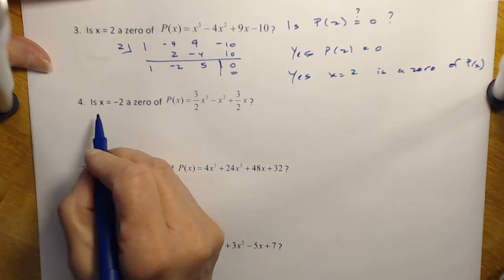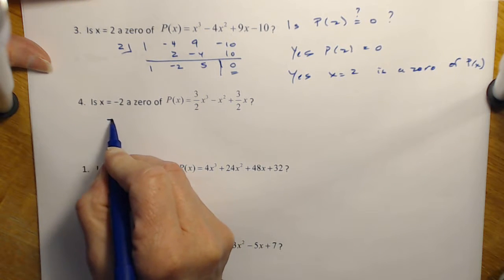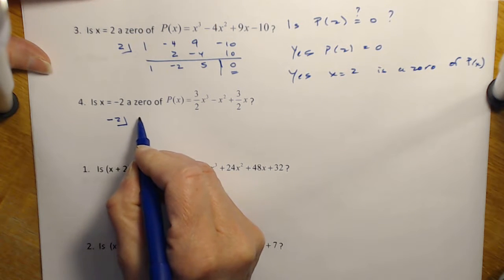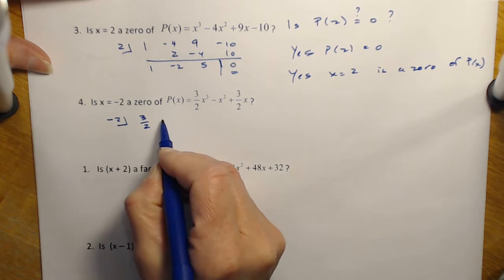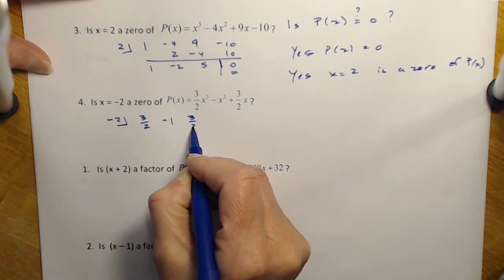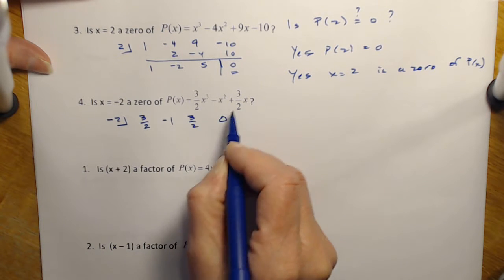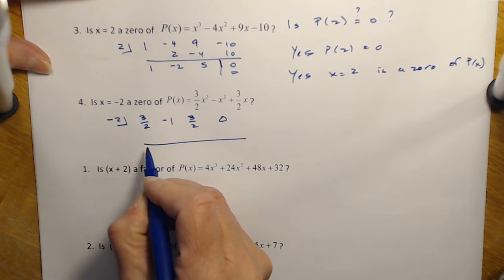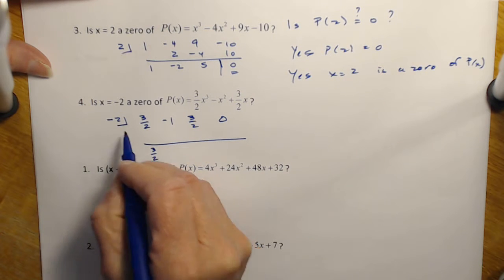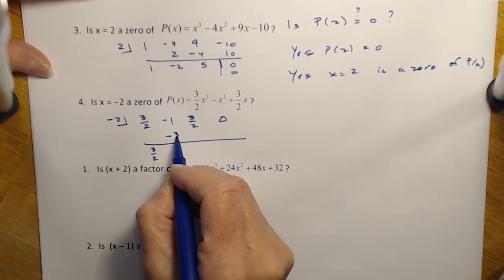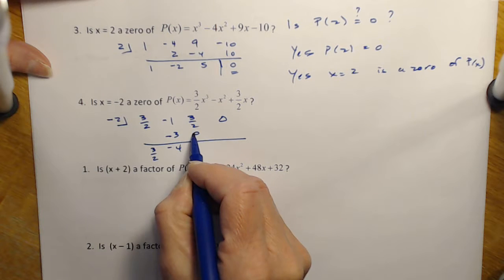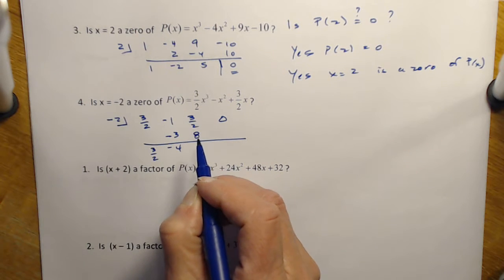Okay. Similarly here, if you want to know if -2 is a 0, then you plug it in. I'm going to plug it in through synthetic. So we have 3/2, -1, 3/2. Be careful, you also need a 0, right, for the constant term. First one comes down. Multiply, we get -3. Add. Multiply, we get 8.